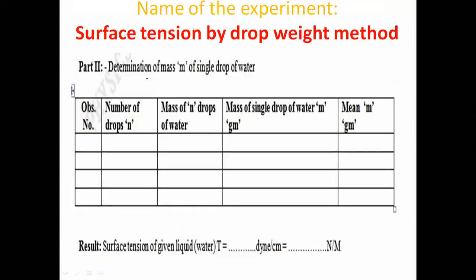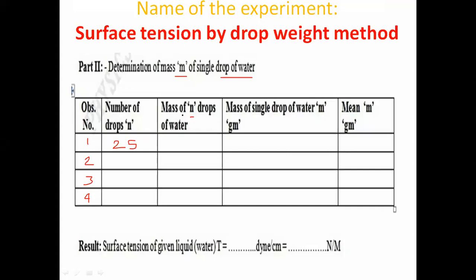So in part two, you have to determine the mass m of a single drop of water. Here, if you write observation numbers 1, 2, 3 and 4, you have to collect a number of drops. Say, for example, you have collected 25 drops. Then you have to measure the mass of n drops of water.